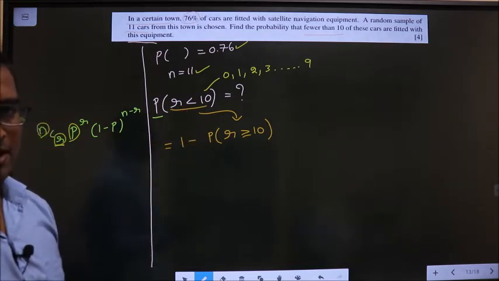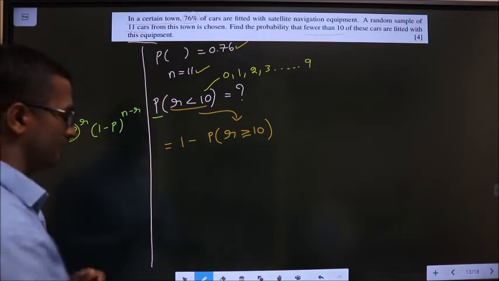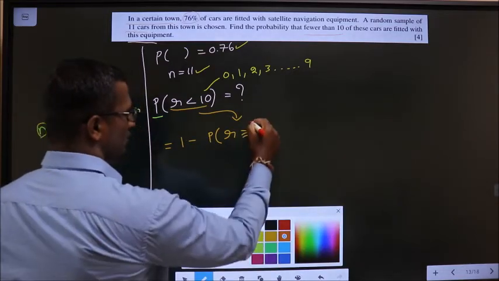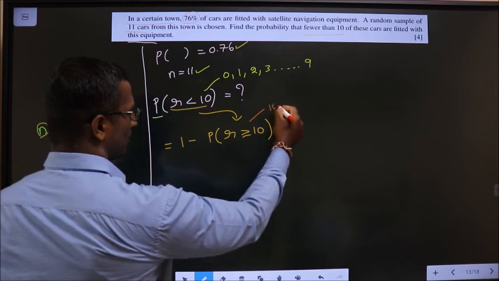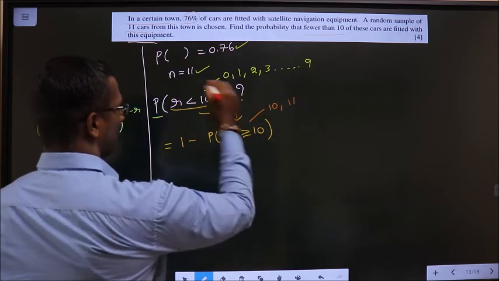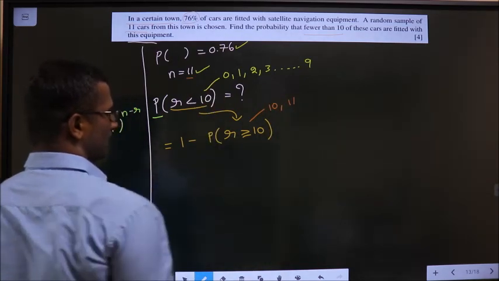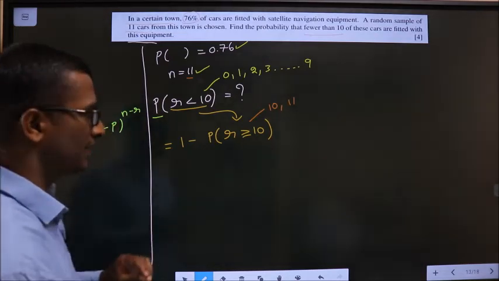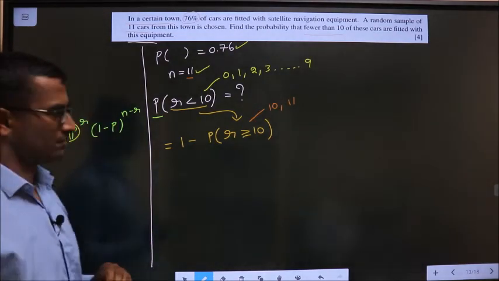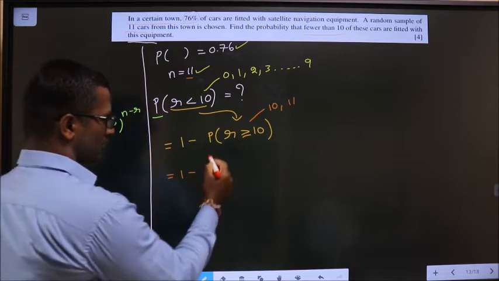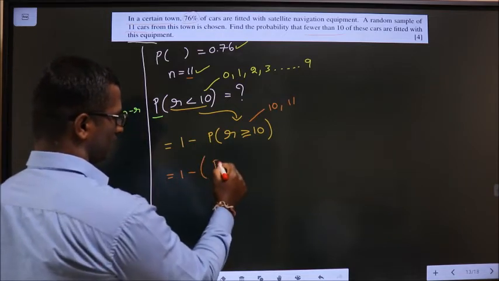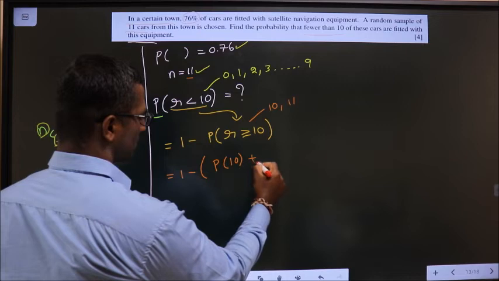Now see what values r will take. Greater than or equal to 10 means 10 and 11. n is 11, so you stop at 11. So we have decreased the values for r. Now this is nothing but 1 minus (P of 10 plus P of 11).